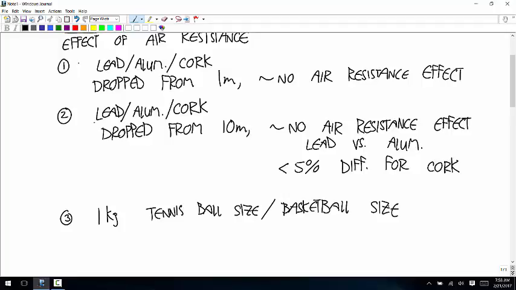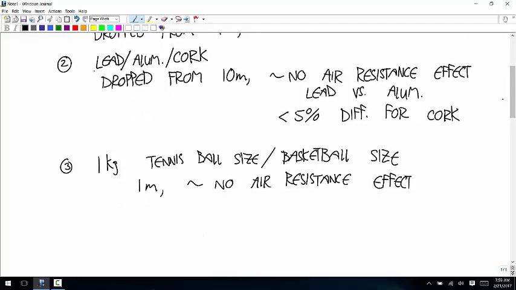And when we dropped it from 1 meter, there was basically no air resistance effect. When we dropped it from 10 meters, I think there was about a 10% difference. That was the biggest difference we saw in the whole lab.